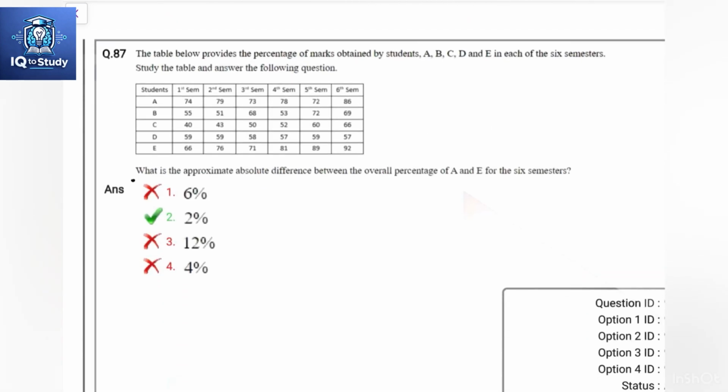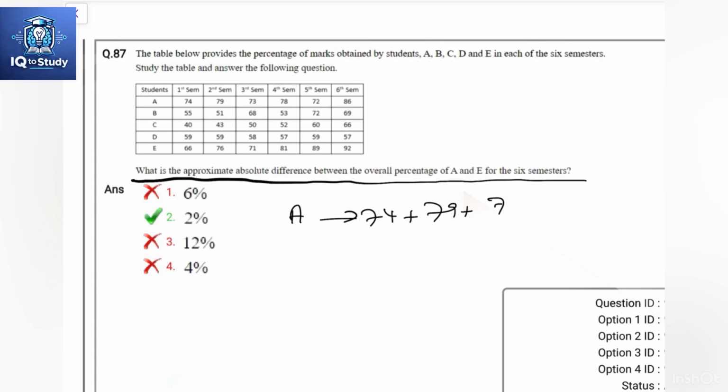What is the approximate absolute difference between the overall percentage of A and E for the 6 semesters? Percentage of marks of A in 6 semesters is 74 plus 79 plus 73 plus 78 plus 72 plus 86, which is equal to 462%.